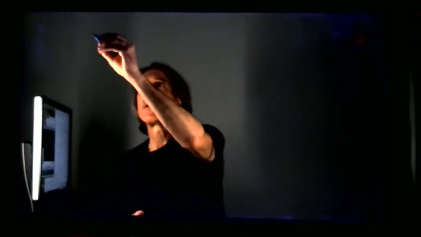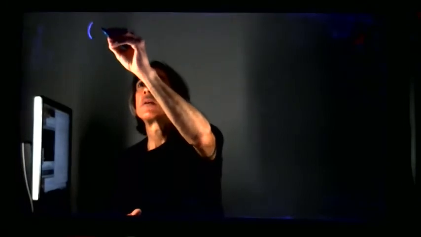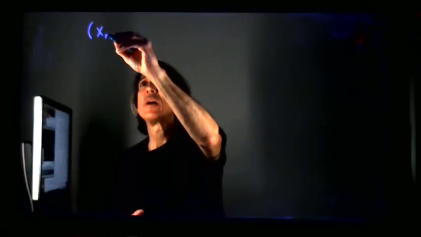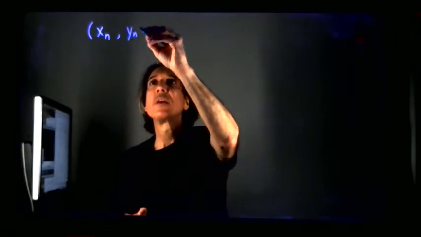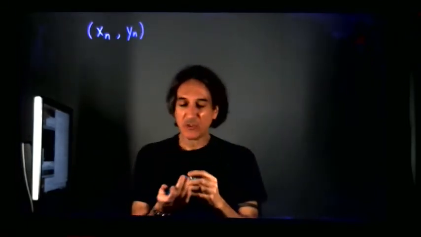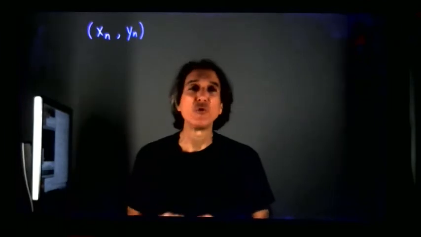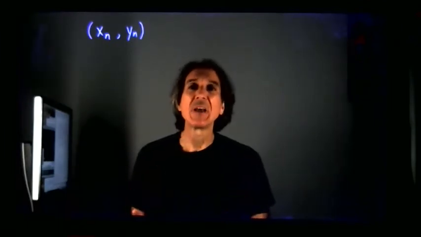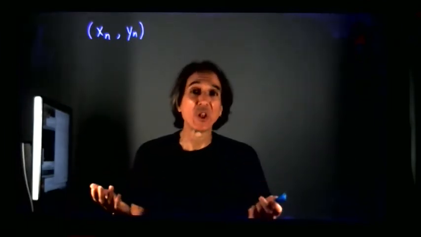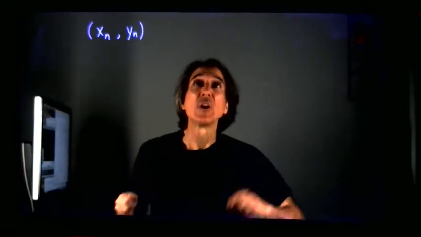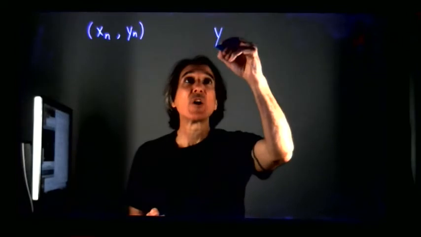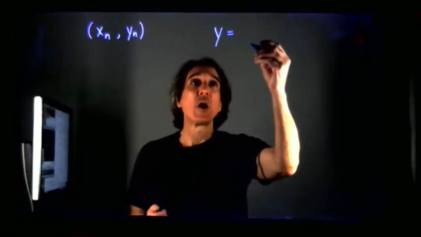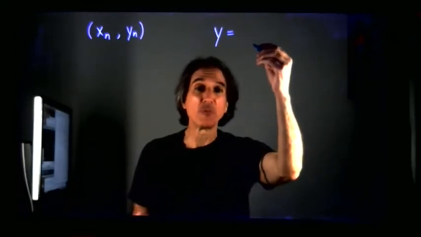Every point on a line is an ordered pair that we've been referring to as some x sub n, y sub n. And these x and y values in an ordered pair make the equality that is the line equation a true statement. So, for example, we have the case using our slope-intercept form of y is equal to mx plus b.